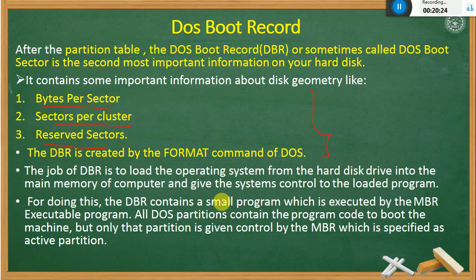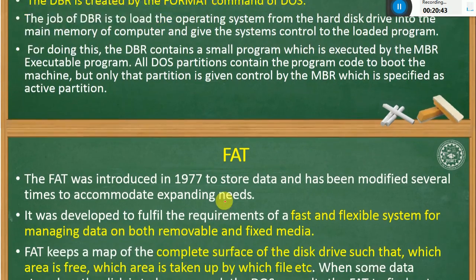Basically, DOS boot records are used to hold the disk information, and where your tracks and sectors start, this DOS, disk operating system boot record. Okay, so that holds sector information, cluster information and reserved sector information.